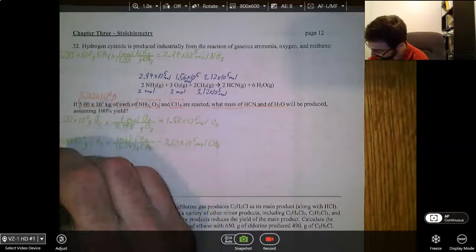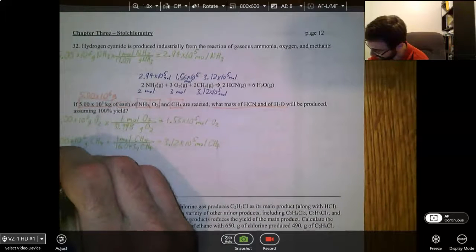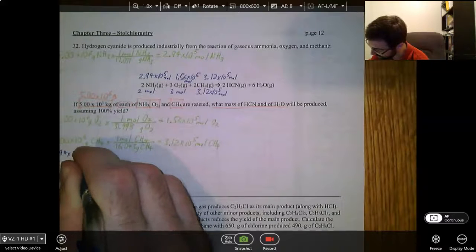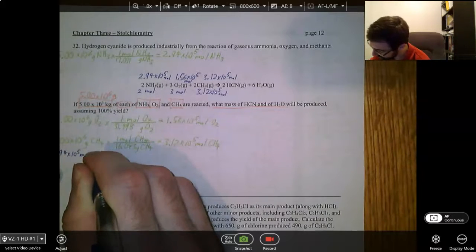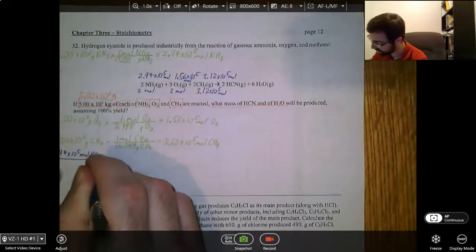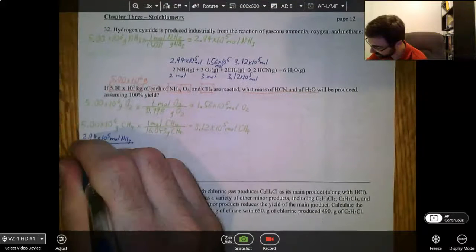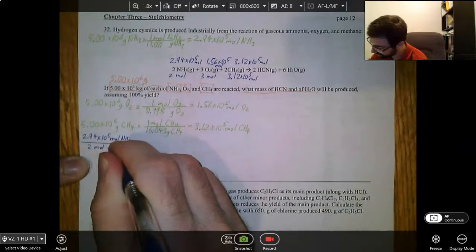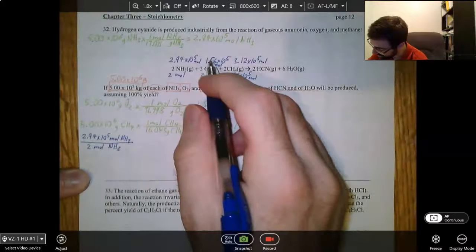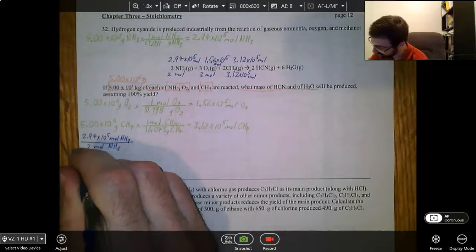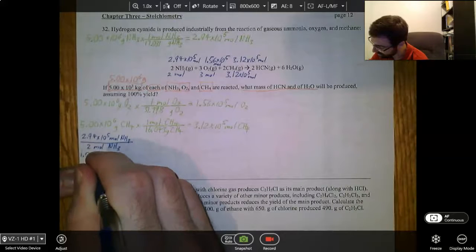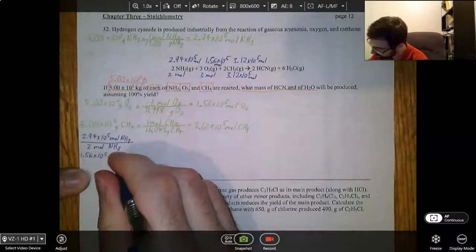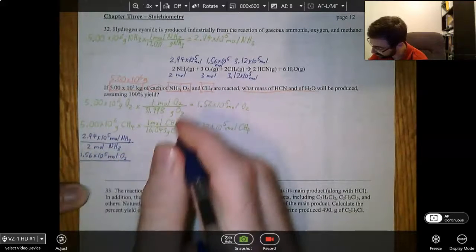I've got 2.94 times 10 to the 5th moles of NH3 over 2 moles of NH3, okay, then I'm going to have 1.56 times 10 to the 5th moles of O2 over 3 moles of O2.